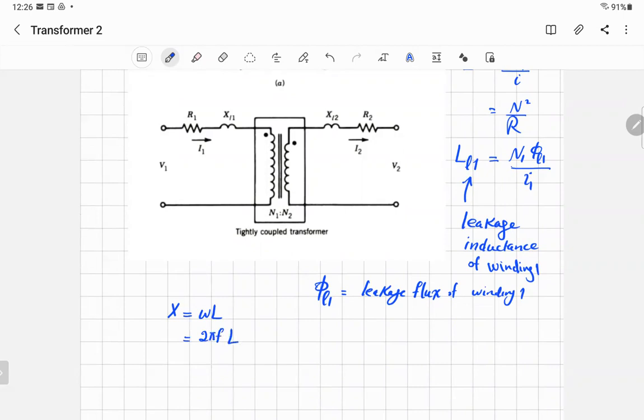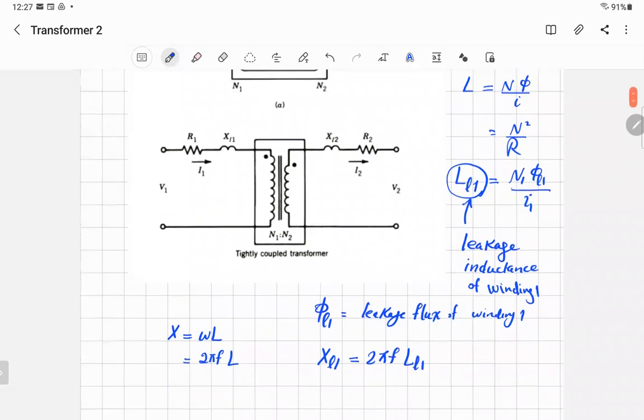So that's a general expression for any inductive reactance. Accordingly, I'm going to find the reactance corresponding to the inductance L1, so I'll call it X_L1, which will be equal to 2 pi f L1. Just as simple as this.